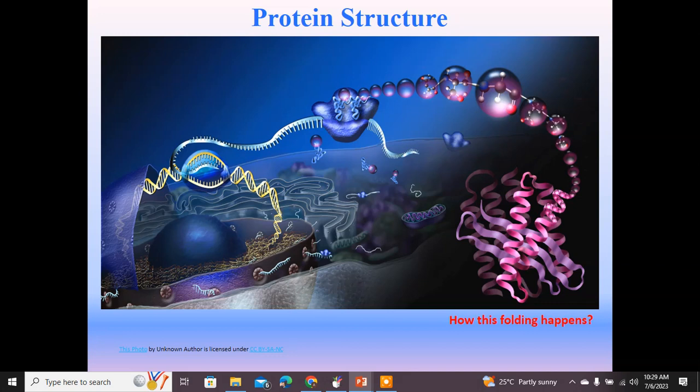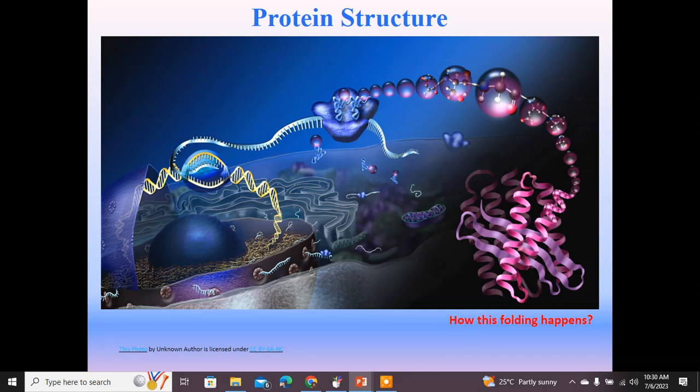These elements include alpha helices. You can see these are alpha helices, beta sheets, the sheet-like structures, and some loops. The loops, normally we call them connections between these secondary structure elements. They look like threads.